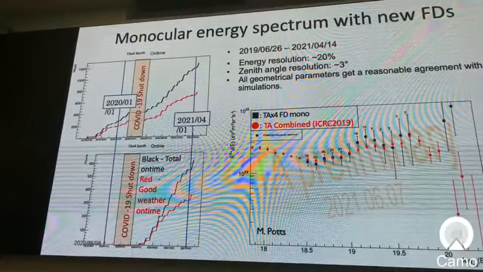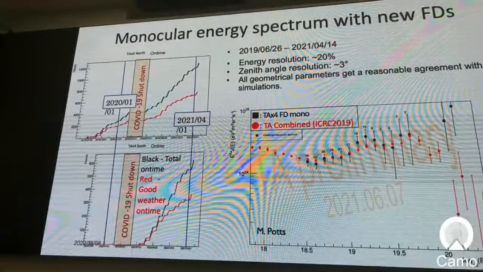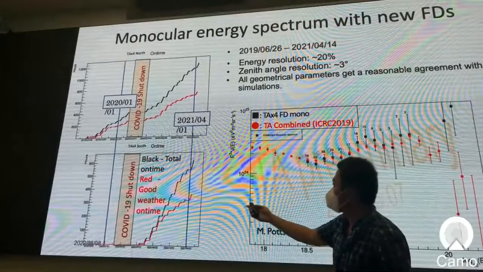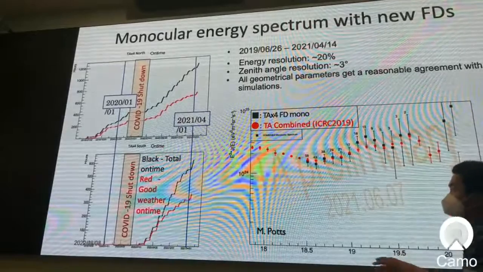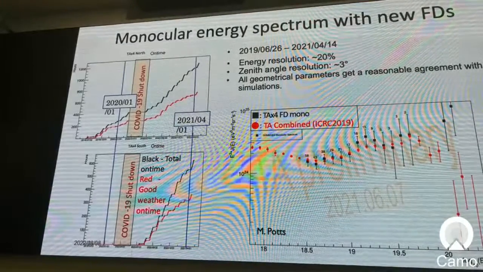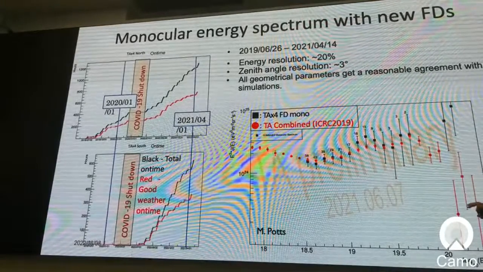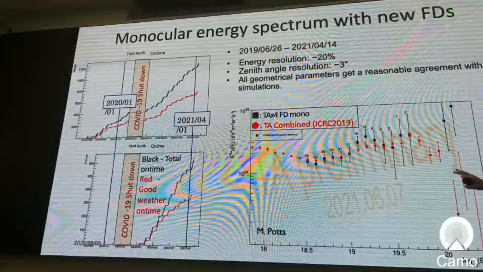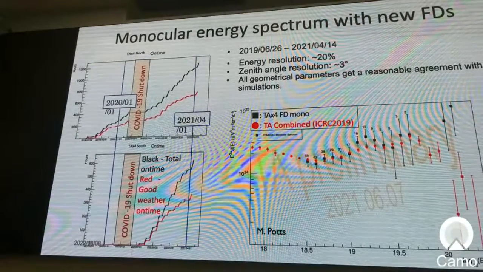And this is the monocular FD, new FD results. We continue to observe with these new FDs. There was a little bit of shutdown due to coronavirus, but we continue to observe, and we obtained a consistent energy spectrum so far.